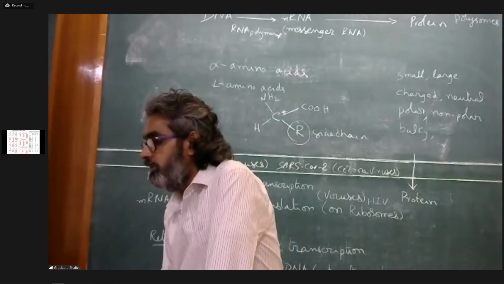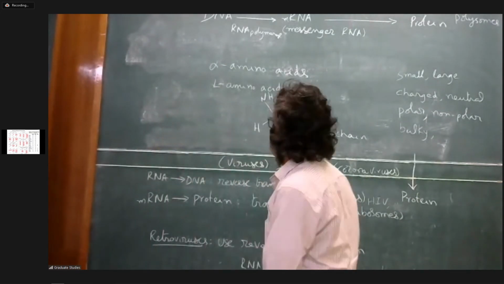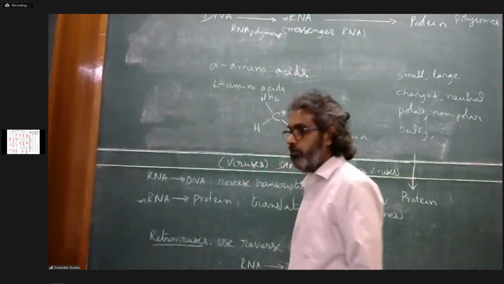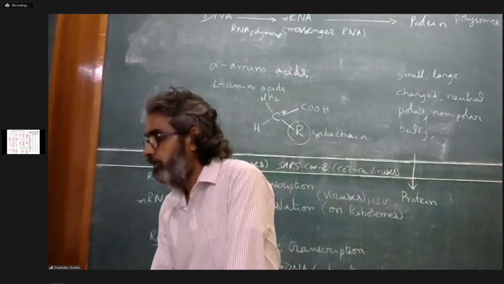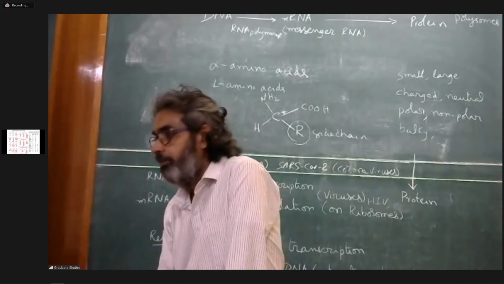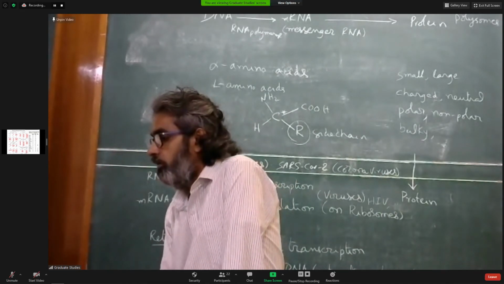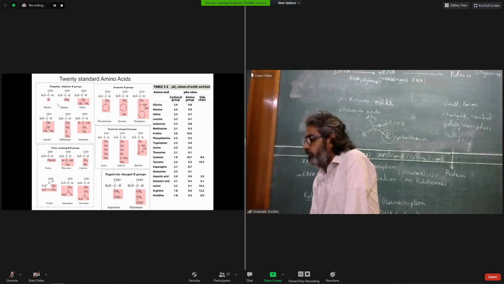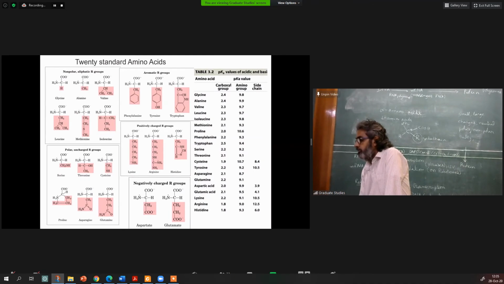Okay, so glycine is the simplest amino acid where the side chain R is just a proton. So you have just basically two hydrogens, and also the stereochemistry is absent because both are H. The next complex amino acid is alanine, where the R is CH3.